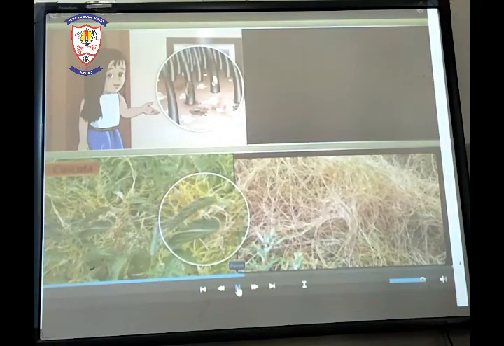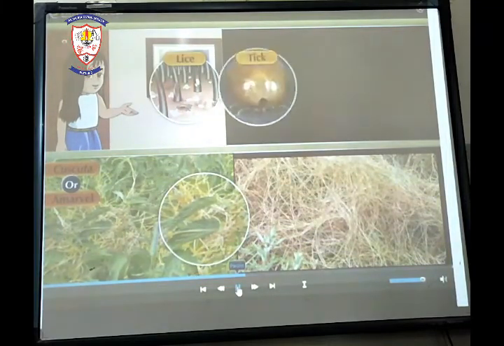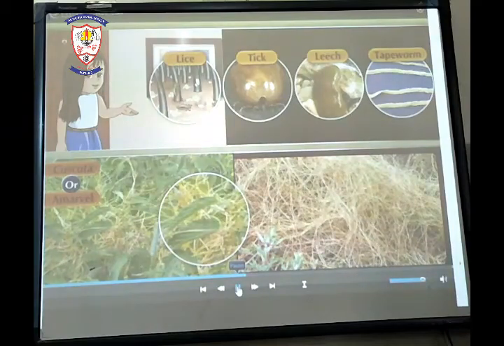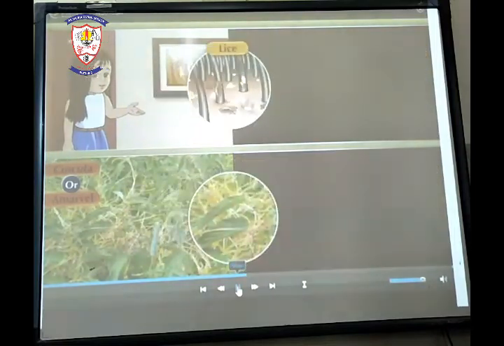The plant Cuscuta or amarbel, and some animals like lice, ticks, leeches and tapeworm exhibit this strategy for their food.